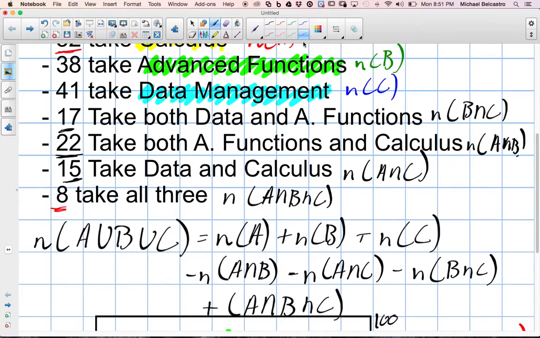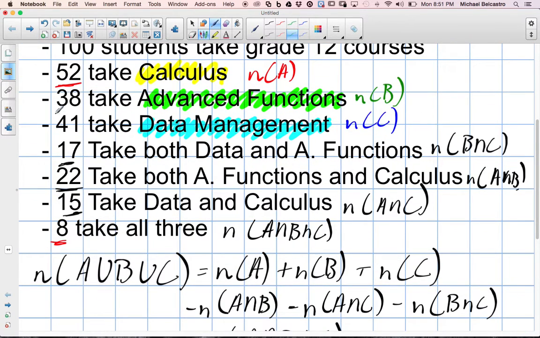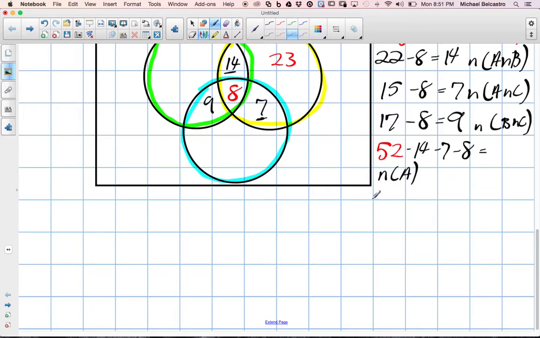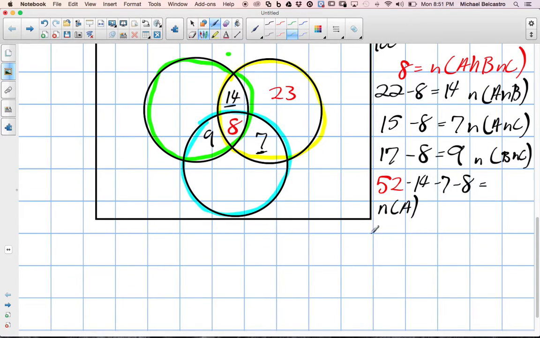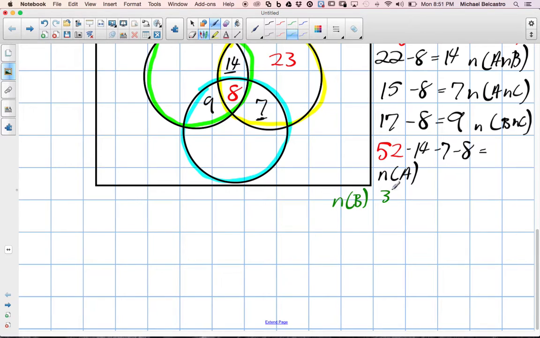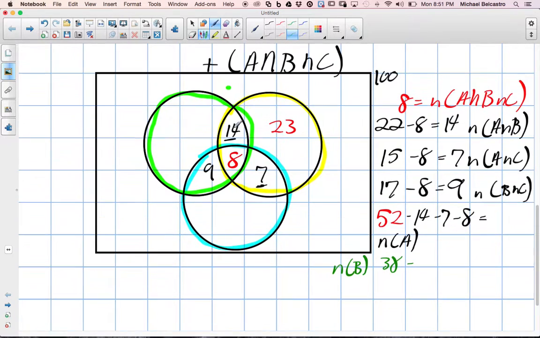Okay. With advanced functions, there are 38. So jump down. Advanced functions was our green, so that's our set B, I believe. Oh shoot, I forgot the number already. 38, okay, good. There are 38 of them. We have to subtract the people who take both advanced functions and calculus, which were the 14 people, the 9 people who both take data and advanced functions, and then the 8 that take all 3, okay.